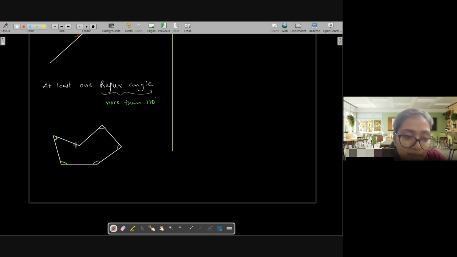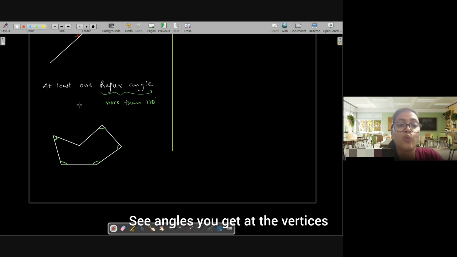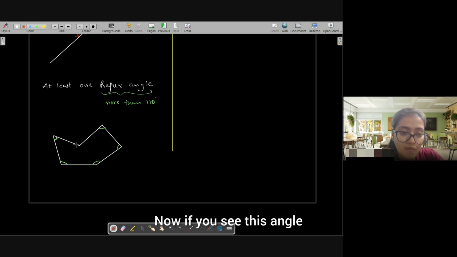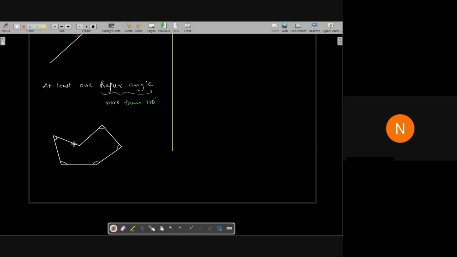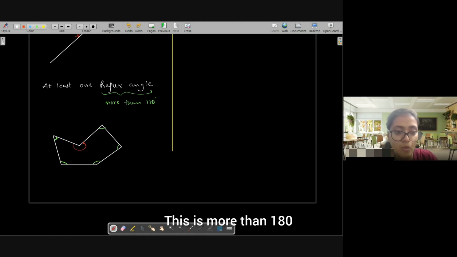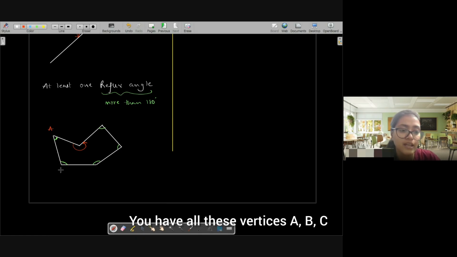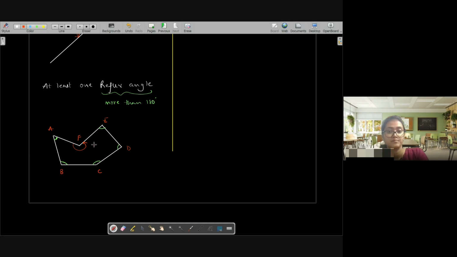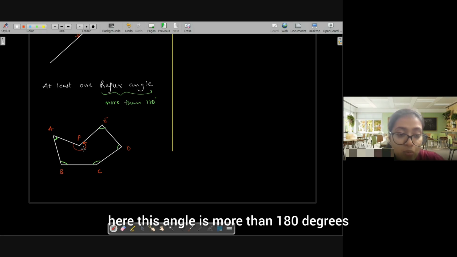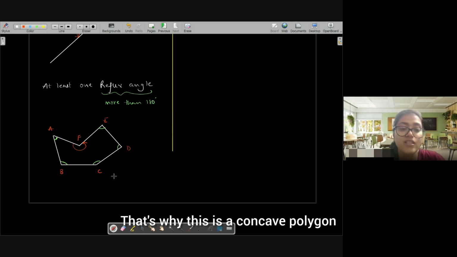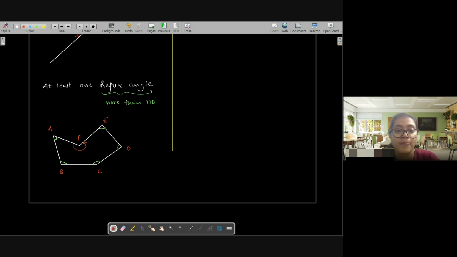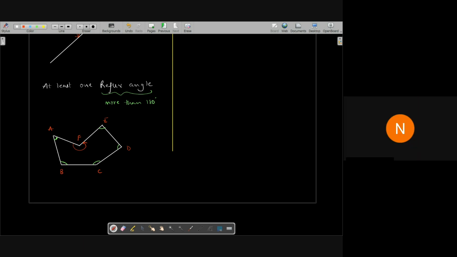But see the angles you get at the vertices. Now, do you see this angle? This is more than 180. You have all these vertices, A, B, C, D, E, F. Here this angle is more than 180 degrees. That's why this is a concave polygon.